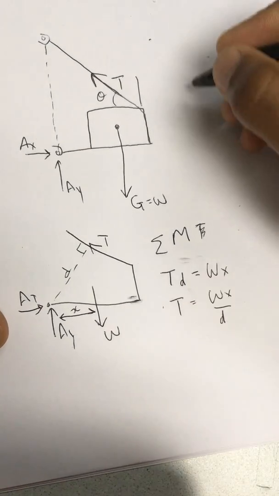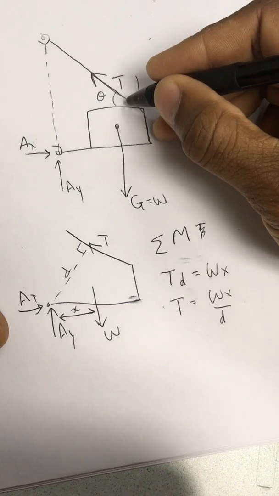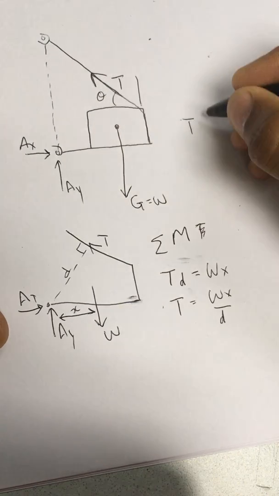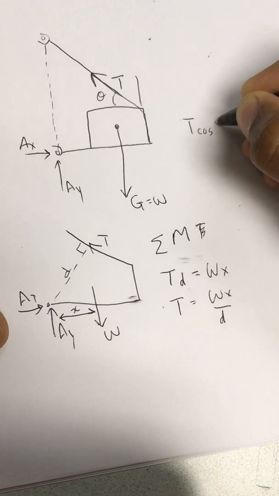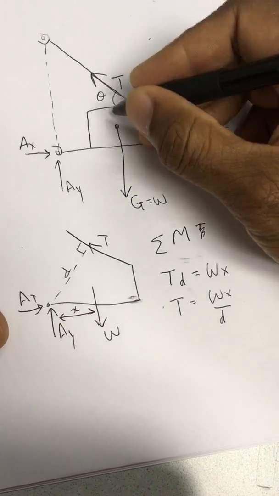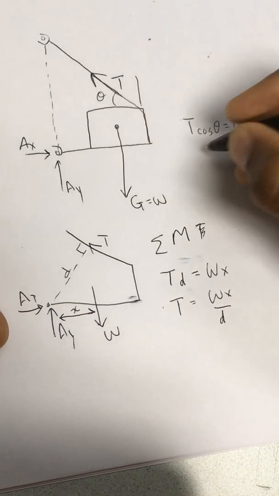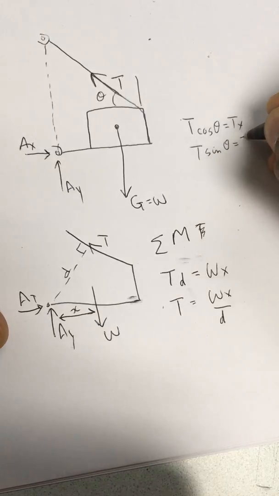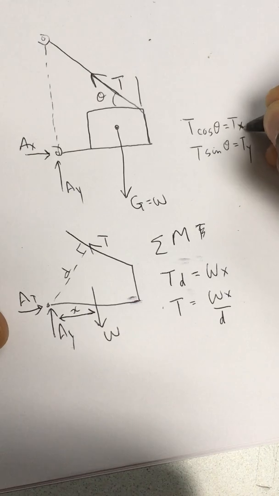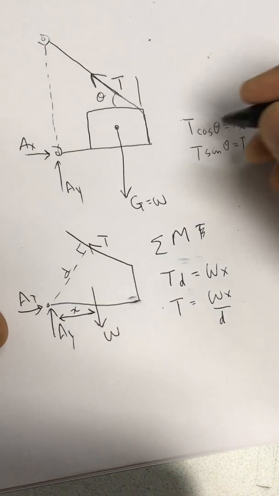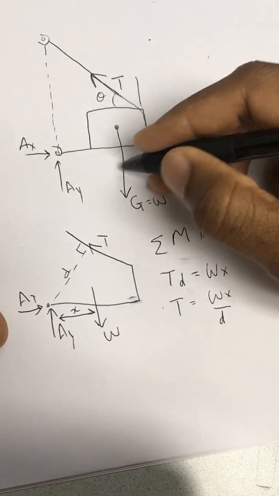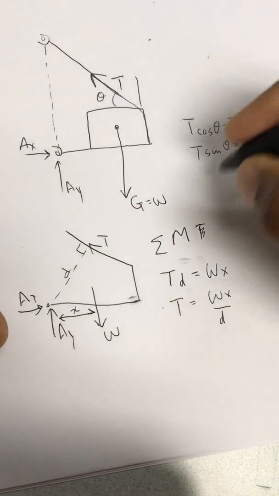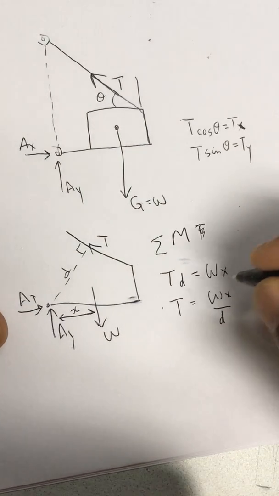I think what we'd be looking at is T cosine theta, right? That would give you the Tx value, and T sine theta would give you the Ty value, correct? And then these would be all knowns, and then you could just sum the forces in the X and sum the forces in the Y, and you should have solved that problem.